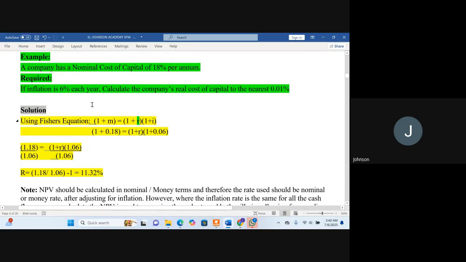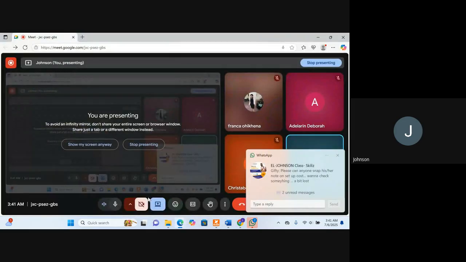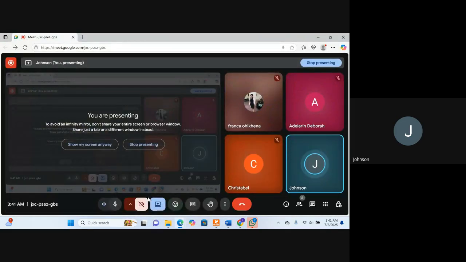They say a company has a nominal cost of capital of 18%. So a nominal cost of capital. What kind of cost of capital is called the nominal cost of capital? Can somebody quickly answer that before we continue? Do you know?